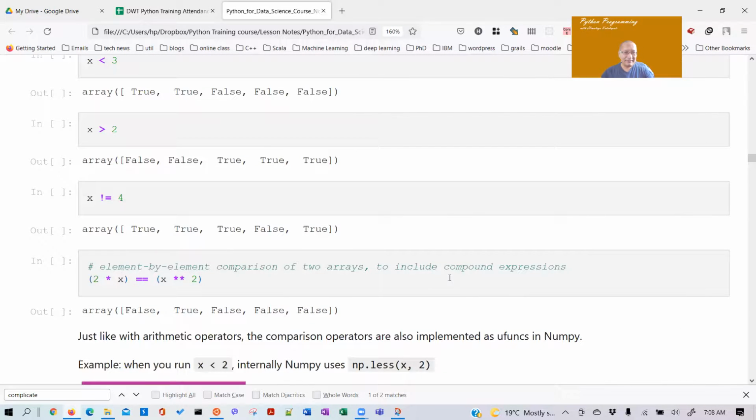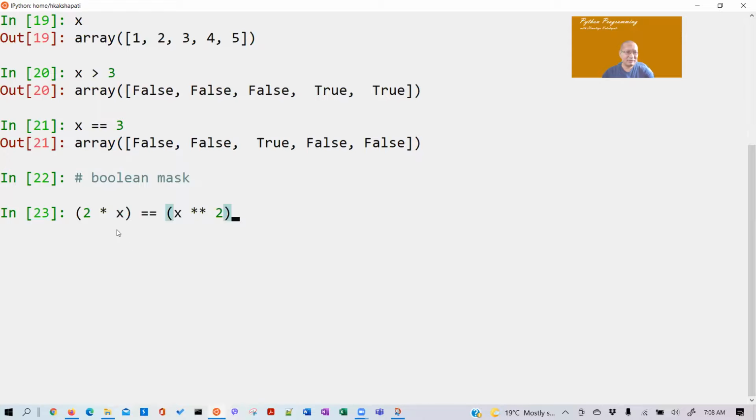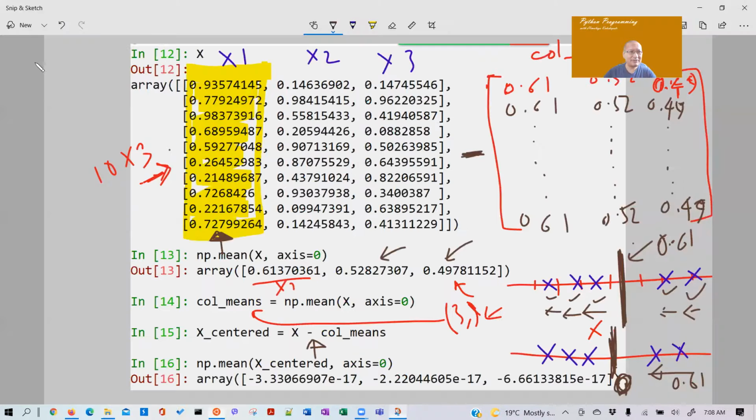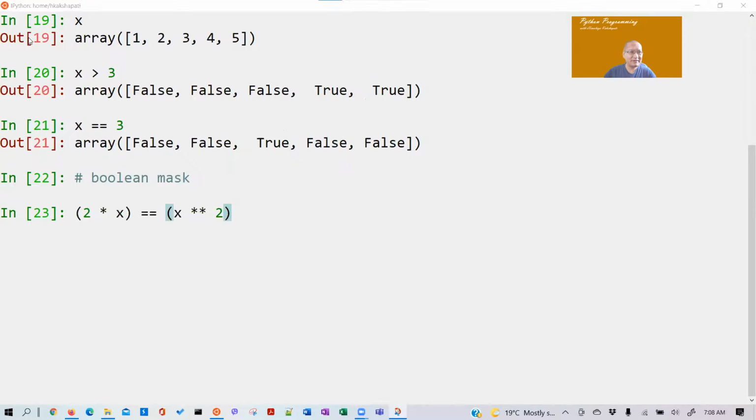We can even do this: 2 times X is equal to X squared. So let's quickly try to figure this out.